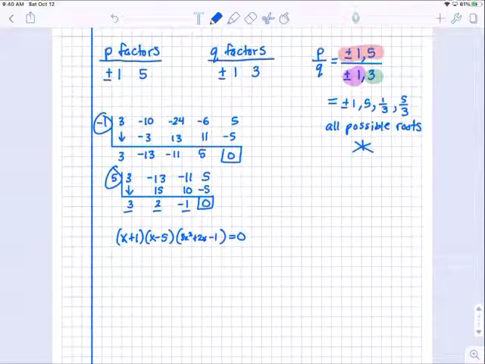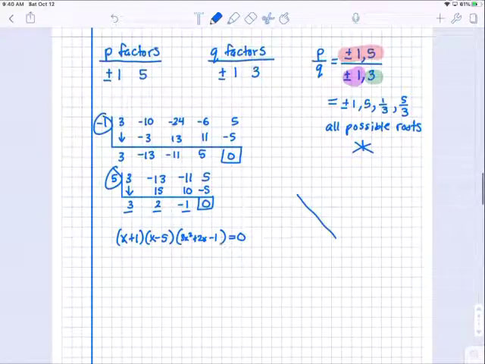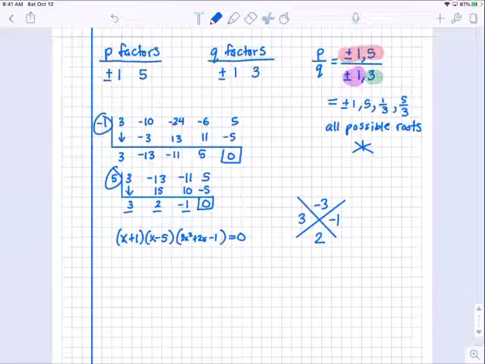Now let's see if we can factor this trinomial. So we are going to have 3 times negative 1 for the top, which is negative 3, and we got 2 on the bottom. And I see that 3 times negative 1 will give me negative 3, but when added will give me 2. So notice that our a value is 3, which means we have to do the x method, which is 3x squared.